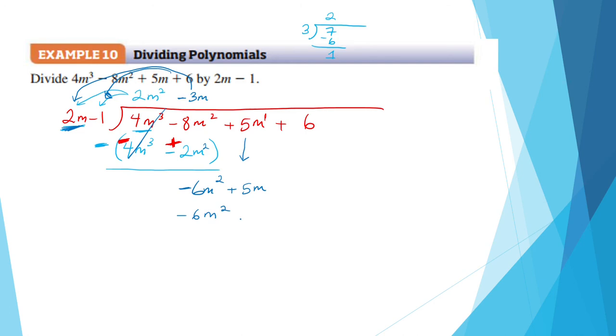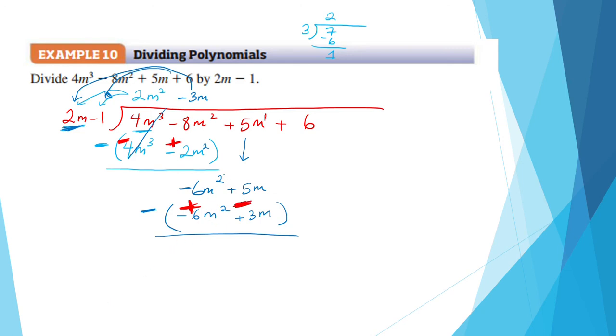Negative 3m times negative 1 is plus 3m. And again, I'm going to put a parentheses and a negative in the front. Remember, we're trying to distribute this negative. So this doesn't become a negative, it actually changes to a plus. And this net plus here becomes a negative.